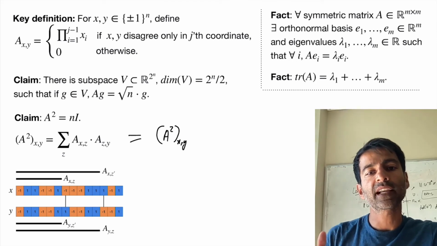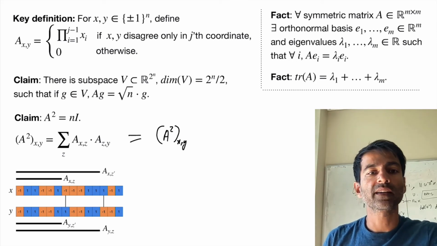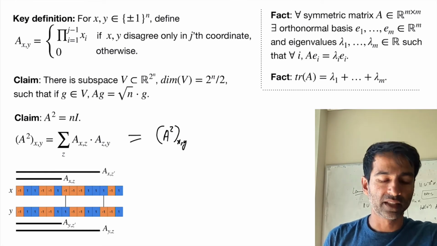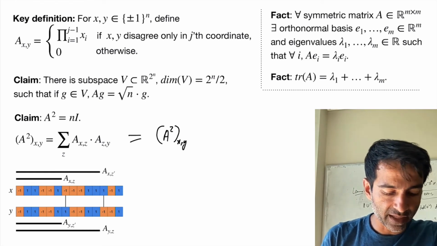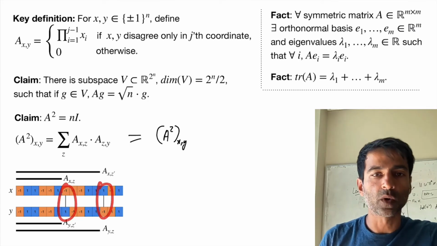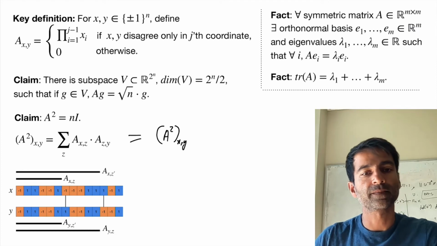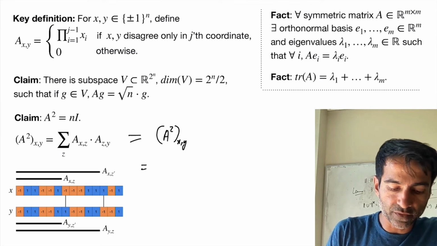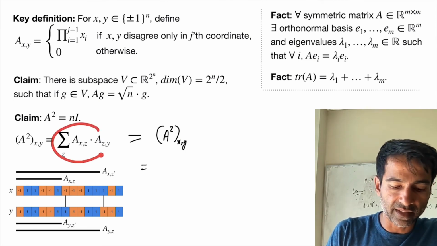So let's fix a particular x and y where the distance between x and y is 2. And let's say this is x, this is y, and these are the coordinates where x and y disagree from each other. Then there are exactly 2 choices for z that contribute here.